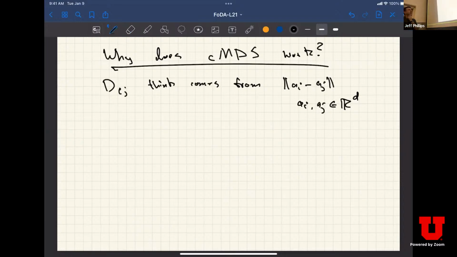We want to think that there exist some very high dimensional vectors, we don't care how high dimensional, where I take the Euclidean distance, and that's what I get for Dij. If I assume that those exist, then everything is going to make sense. Now, I'm not necessarily even going to have those. The distance matrix should satisfy the triangle inequality and other properties, but if this is true, it doesn't need to satisfy those. But the intuition is to assume that there does exist some input high dimensional vectors. Then what would be the right thing to do?